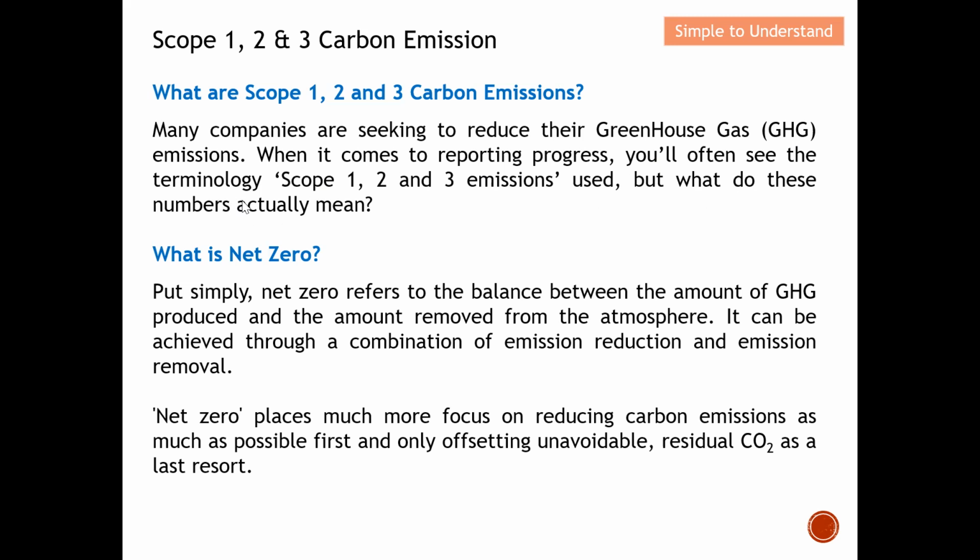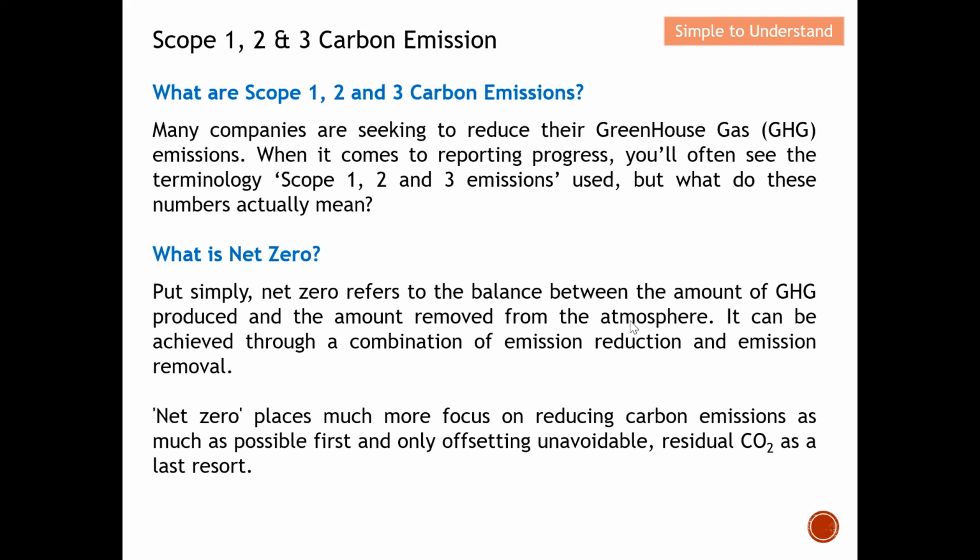Before I discuss Scope 1, Scope 2, and Scope 3 carbon emissions, you have probably also heard the word net zero. Net zero does not mean that we don't use any energy at all. Put very simply, net zero refers to the balance between the amount of greenhouse gas that we produce and the amount removed from the atmosphere.